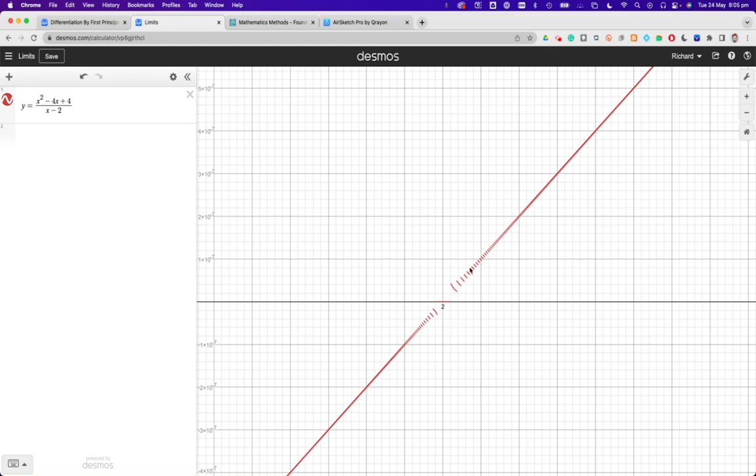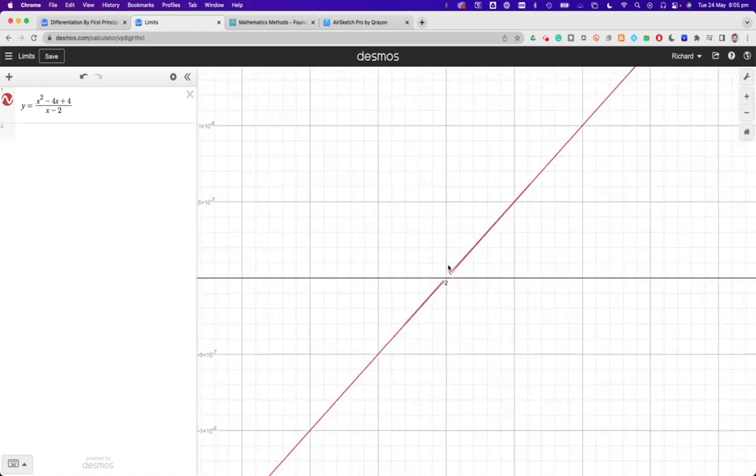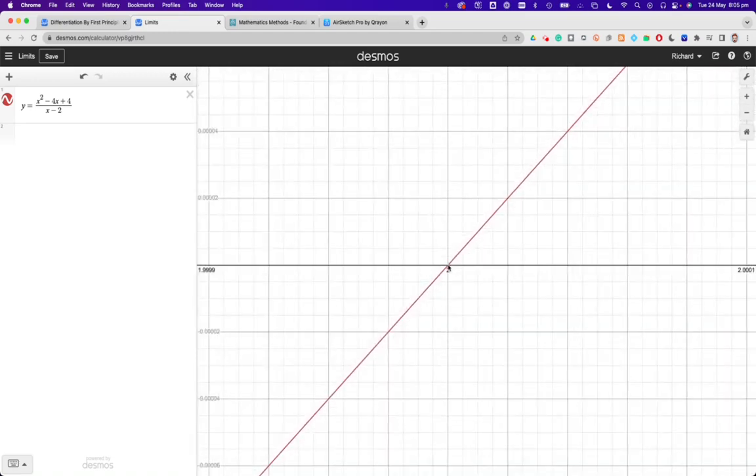And this funny Doppler effect looks like this because Desmos can't handle this. This is the best way it can handle this hole in the graph. So this function is not continuous. It works up to x equals 2, and then it works after x equals 2, but at x equals 2, it goes weird.